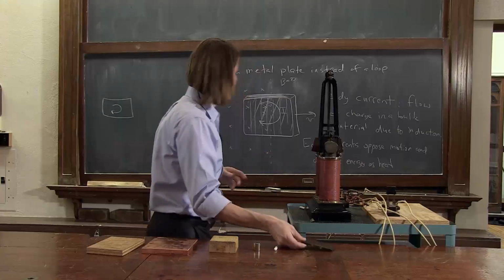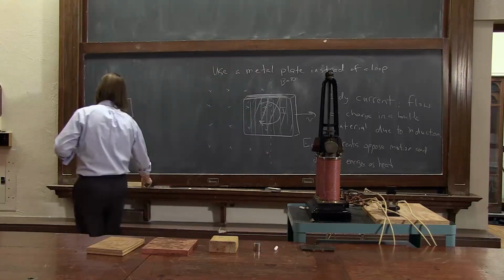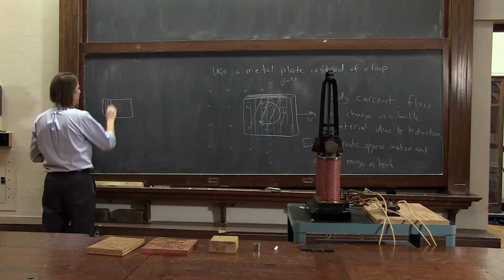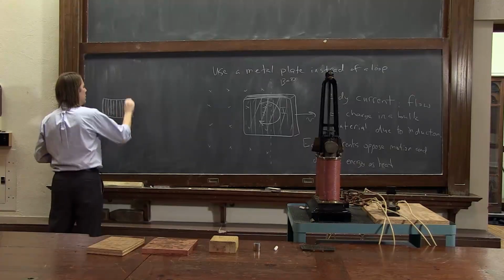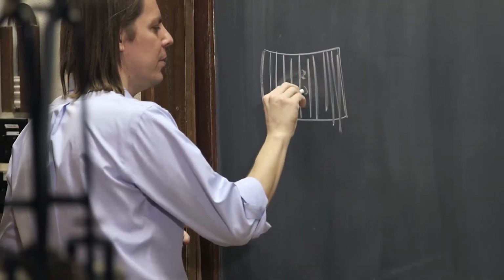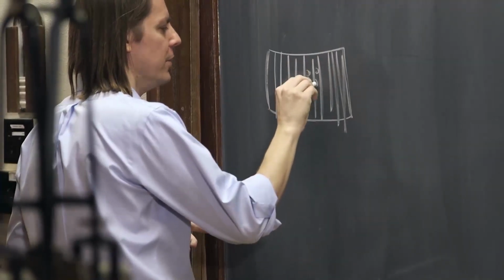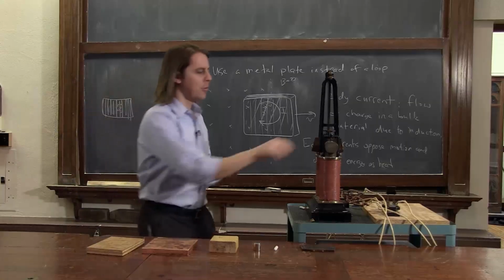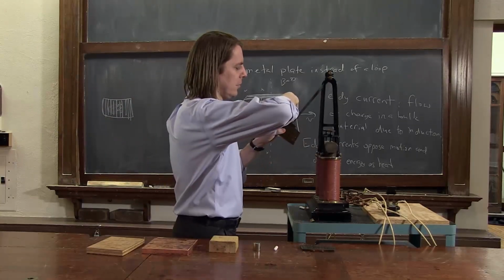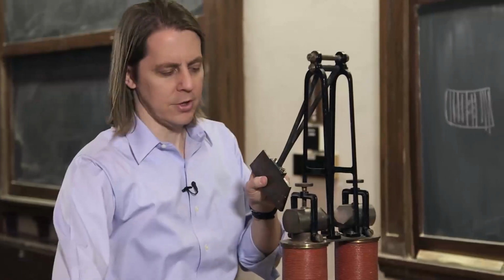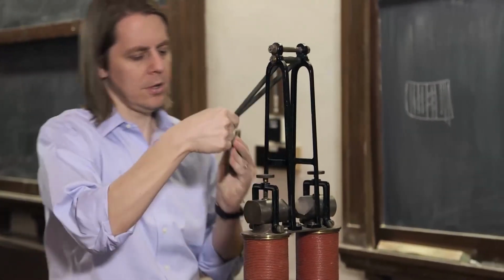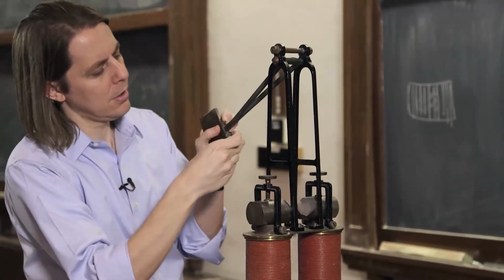Because it's slotted, the eddy currents can't flow over such a large area. You get much smaller eddy currents in these little areas, and they'll create a much smaller force. So let me just change it out real quick for the other one. All right, let's put on this one.